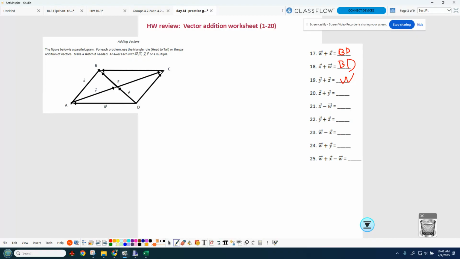Guys, I want the vector, not 2 letters. Want the vector, guys, not a coordinate. So vector BD is 2Z, negative 2Z, something else.